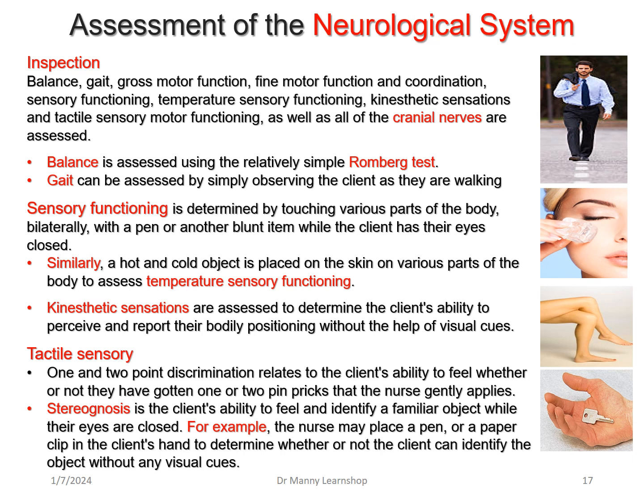Also, sensory functioning, temperature, sensory functioning, pain, kinesthetic sensations and tactile sensory motor functioning, as well as assessment of all the cranial nerves. Balance is typically assessed using the Romberg test, which we'll review. Gait can be assessed by simply observing the client as they're walking.